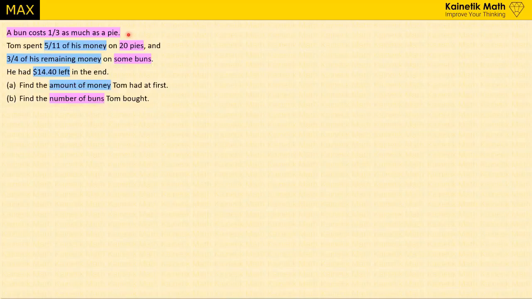Whether it is about the price of each of them or the number of items. Also in part B, we are asked to find the number of buns. So all these statements or phrases in pink deal with the need to count the number of things. But the statements that are highlighted in blue deal with the portions of the money, meaning they are dealing with fractions of the whole or fraction of a certain part.